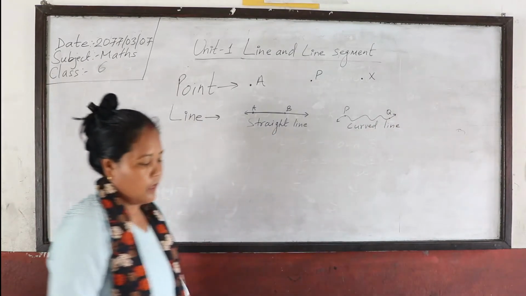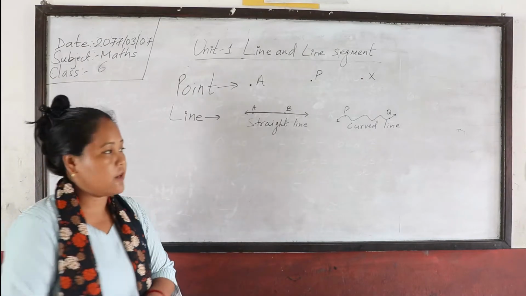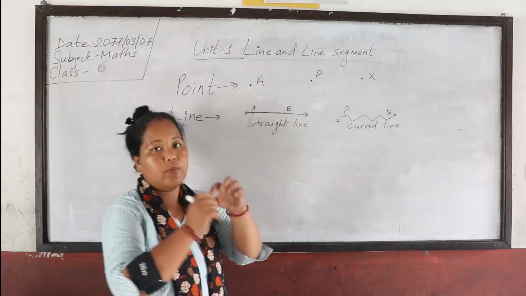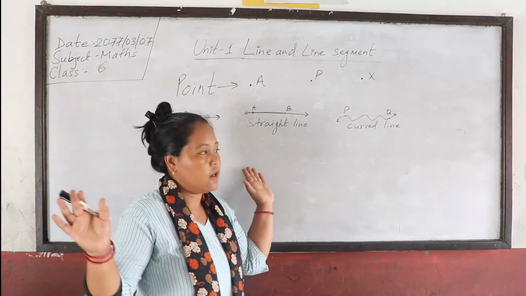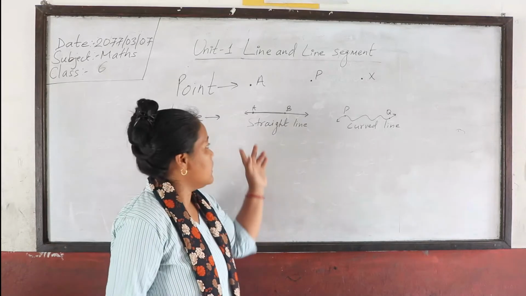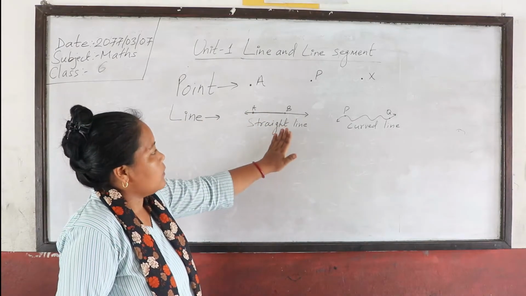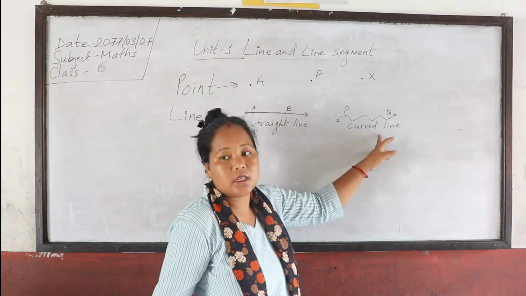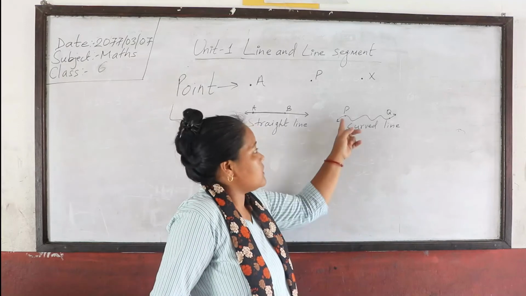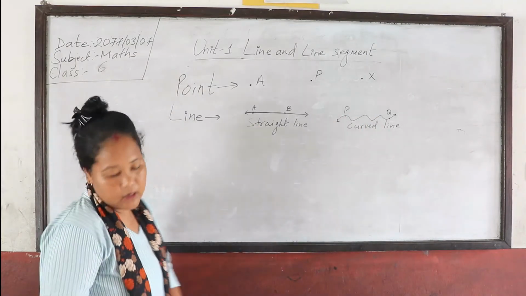Good. Lines have no end points, and we can produce a line in both directions. So we have two types of line: one is a straight line and this is a curved line. This is a zigzag line, also curved. Good. And another topic is line segment.